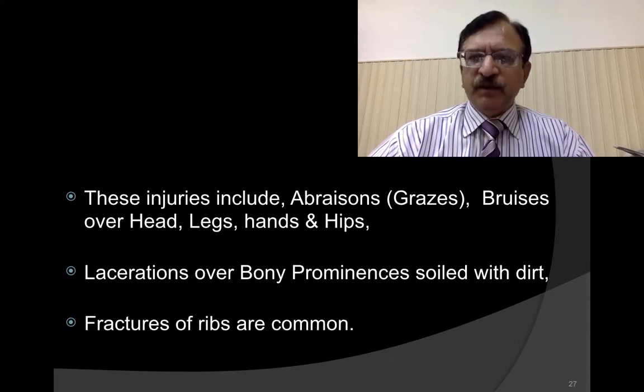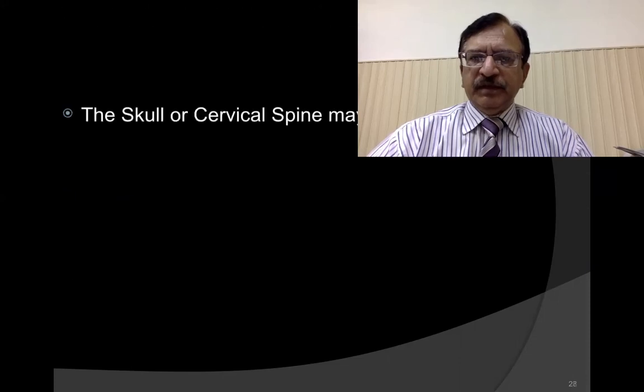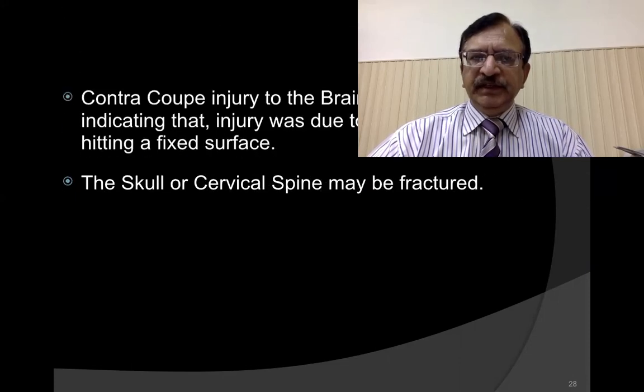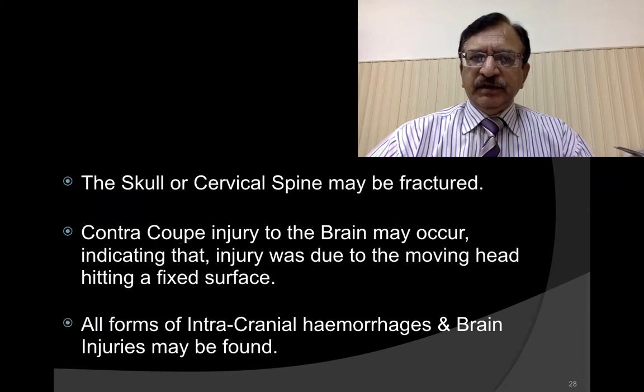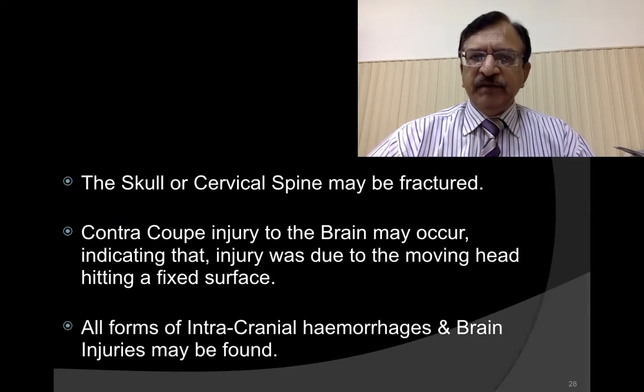Fracture of ribs is common. The skull and cervical spine may be fractured. Coup and contrecoup injuries to the brain may occur. We will discuss in upcoming lectures what coup and contrecoup injuries are. All forms of intracranial hemorrhages and brain injuries may be found.